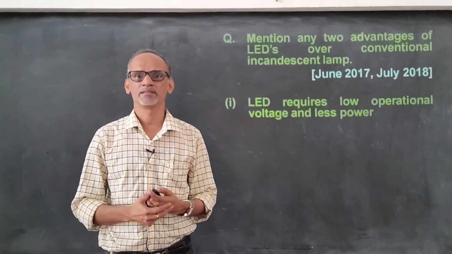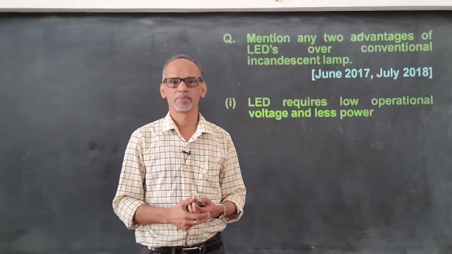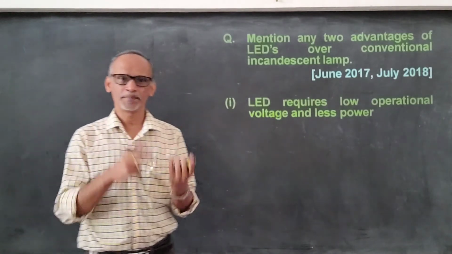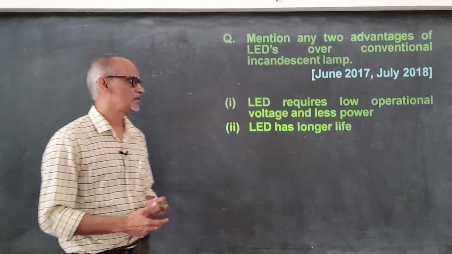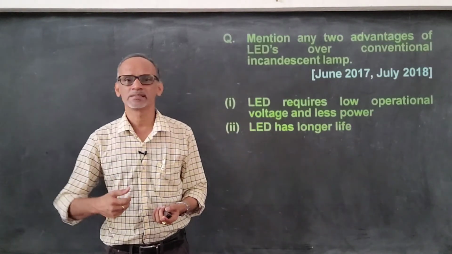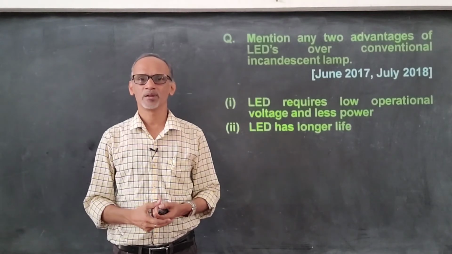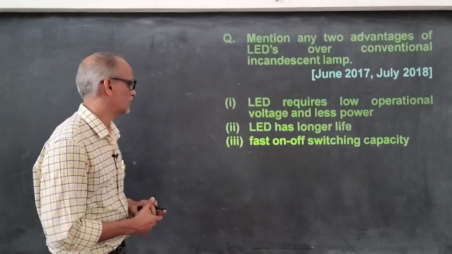Obviously we always prefer devices which consume less power, compared to the incandescent lamp which consumes more power. LED has a longer life, and obviously we always prefer devices which last longer, so this is one of the advantages of the LED.